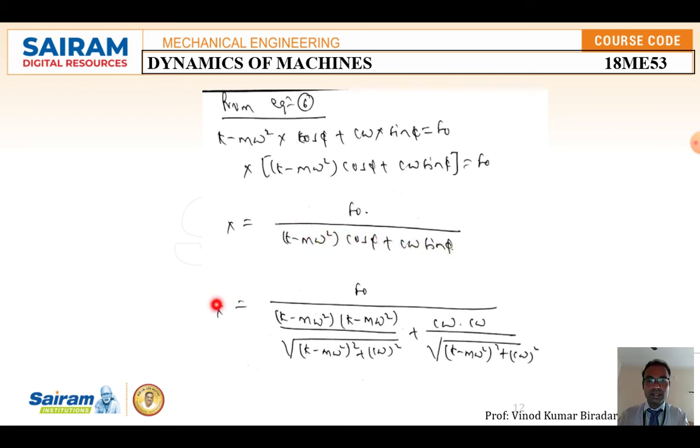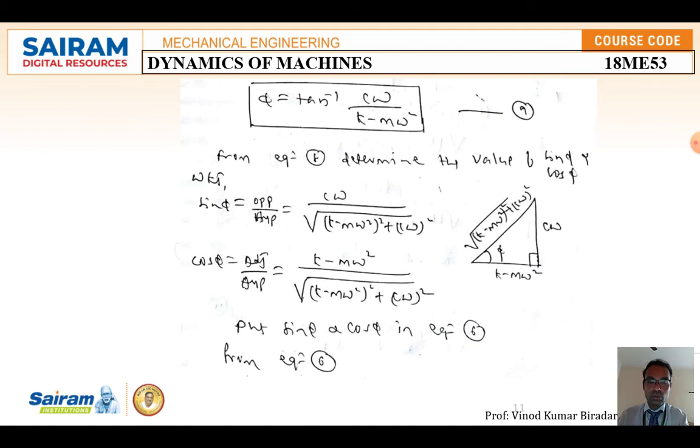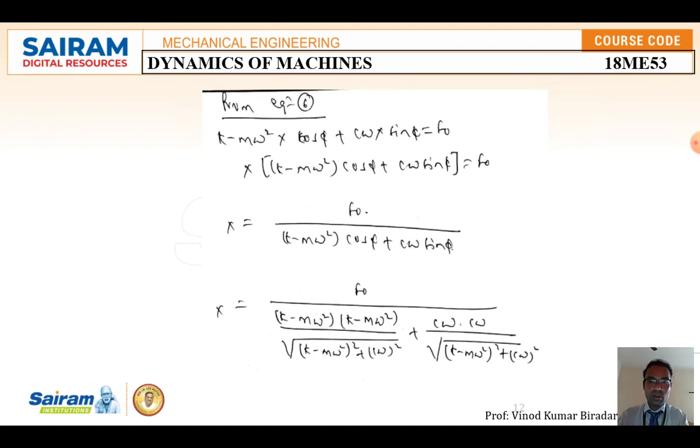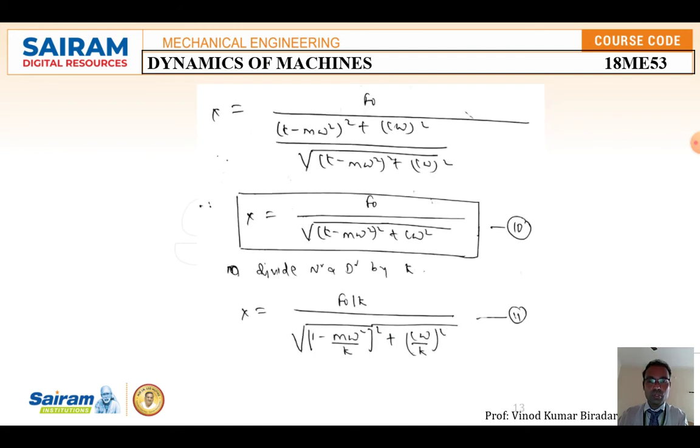Okay, so again x is equal to what? So divide and multiply by this square root of (k minus m omega square) whole square plus (c omega) whole square. Otherwise you just substitute the sin phi and cos phi values here. If you substitute, you are going to get this.